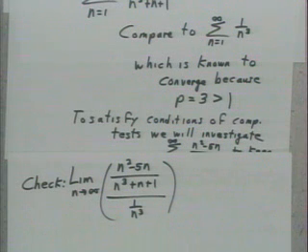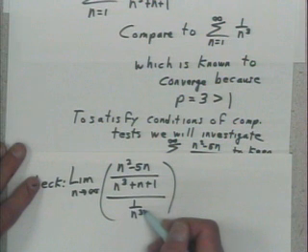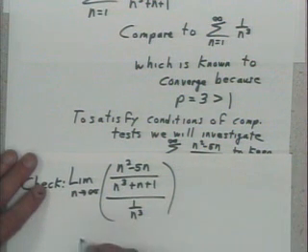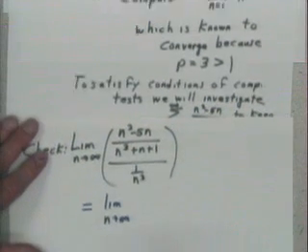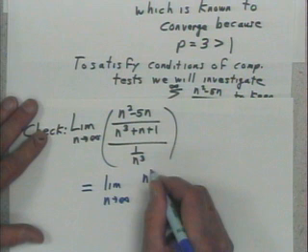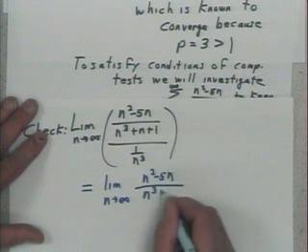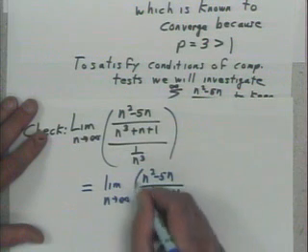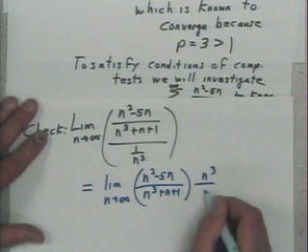Okay, we're going to check the limit of my series compared to the one I know something about. Okay, this would be the same as taking the limit as n approaches infinity of n squared minus 5n over n cubed plus n plus 1 multiplied by n cubed over 1, right?